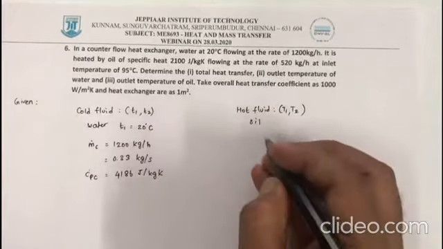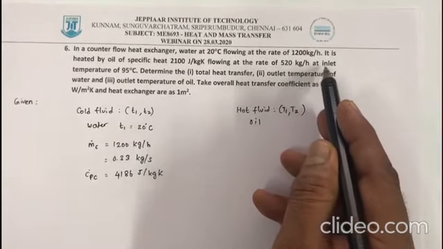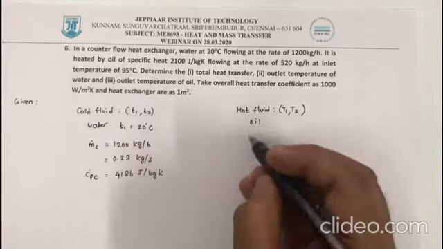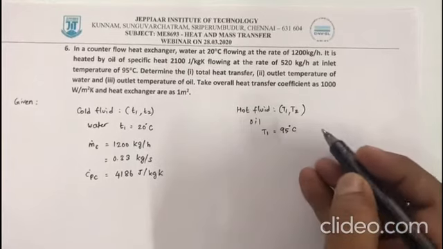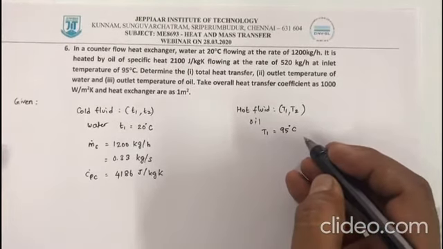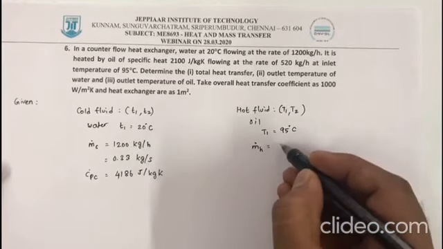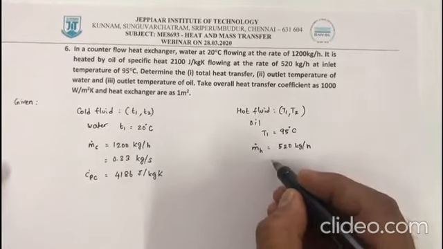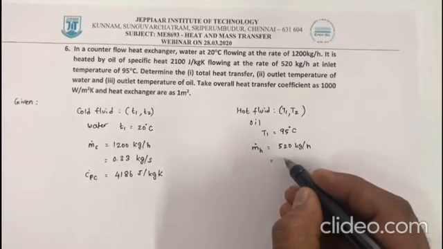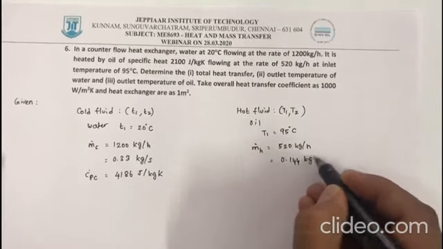And now coming back to this hot fluid, it is oil flowing at the rate of 520 kg per hour at the inlet temperature of 95 degrees Celsius. So the inlet temperature, capital T1, is 95 degrees Celsius. So now mass flow rate of hot fluid will be 520 kg per hour, which when converted to kg per second will be 0.144 kg per second.